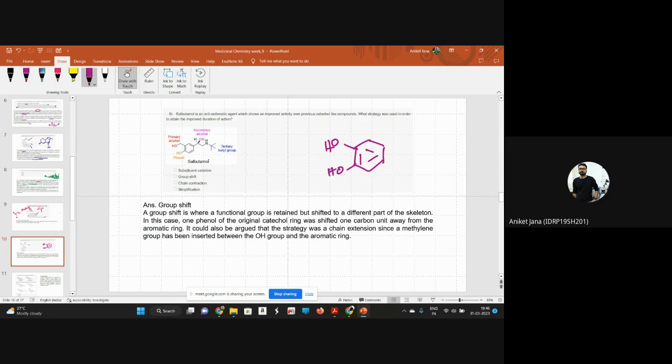Is this substituent variation? No, this is not substituent variation.